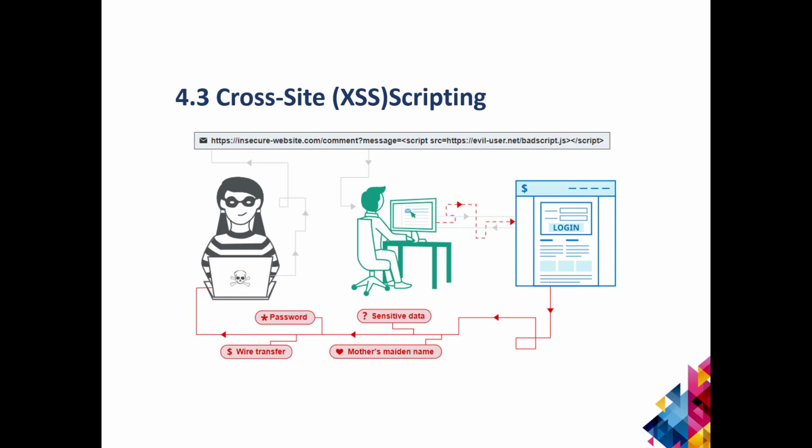This is not intended to attack the web application itself, but it is used to gain information or attack the user. It's a dangerous, common code injection attack that allows attackers to execute malicious JavaScript in a victim's browser.